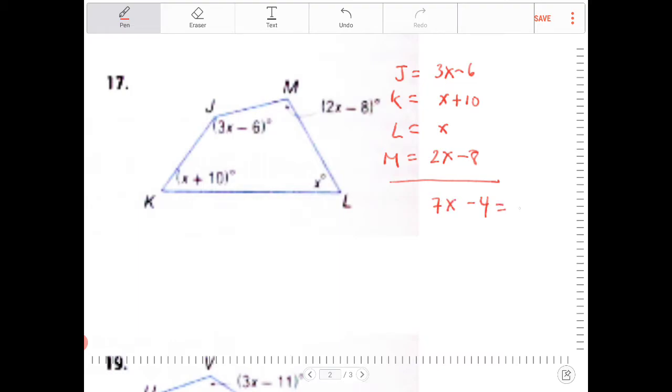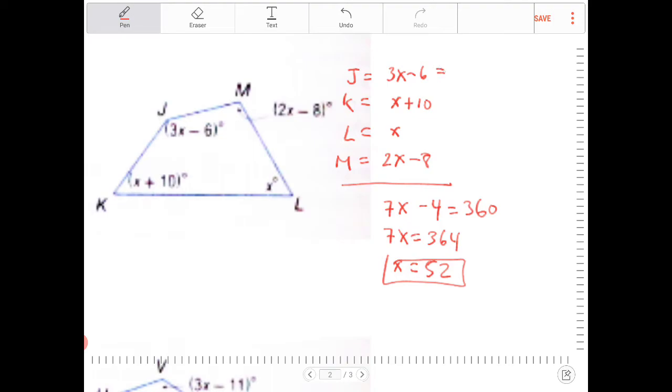And the sum should equal 360. Add 4 to both sides, 364. Divide both sides by 7, I end up with 52. Since x is equal to 52, this would be 156 minus 6, so that's 150. This would be 62. This would be 52. This would be 104 minus 8, so that would be 96.